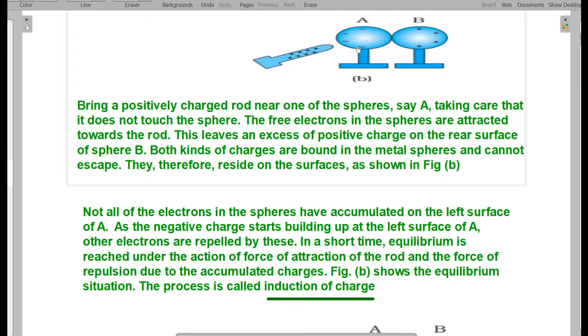In a short time, an equilibrium is reached under the action of the force of attraction of the rod and the force of repulsion due to the accumulated charge. Hence, this figure shows the equilibrium situation. The process is called induction of charge.